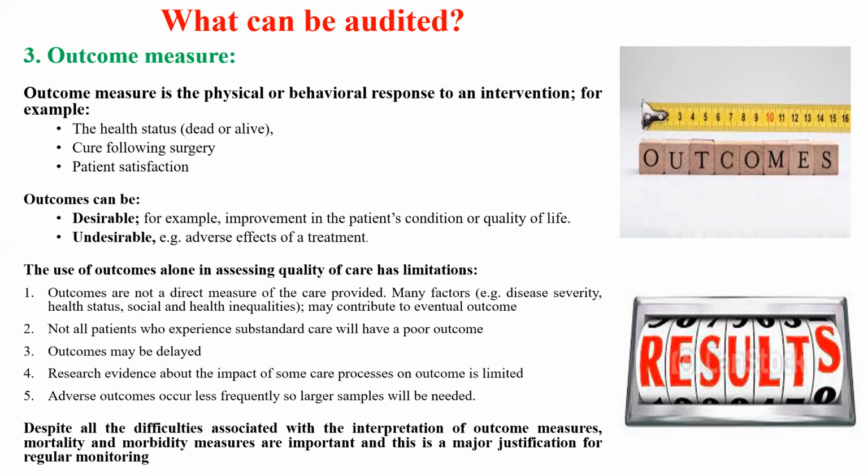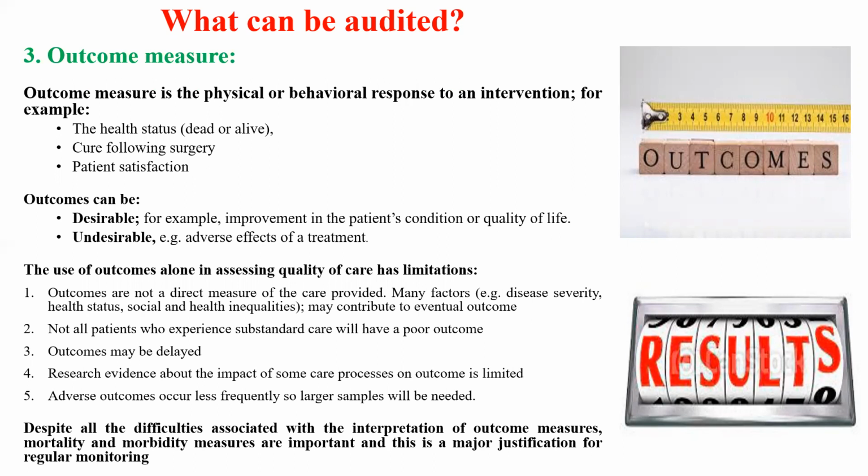For example, the outcome may be the health status of the patient, dead or alive, the cure following the surgery, and we can also measure patient satisfaction. These are all types of outcome. This outcome can be desirable or undesirable. Desirable, for example, improvement in the patient's condition or quality of life, and undesirable outcome like adverse effects or complications of treatment.